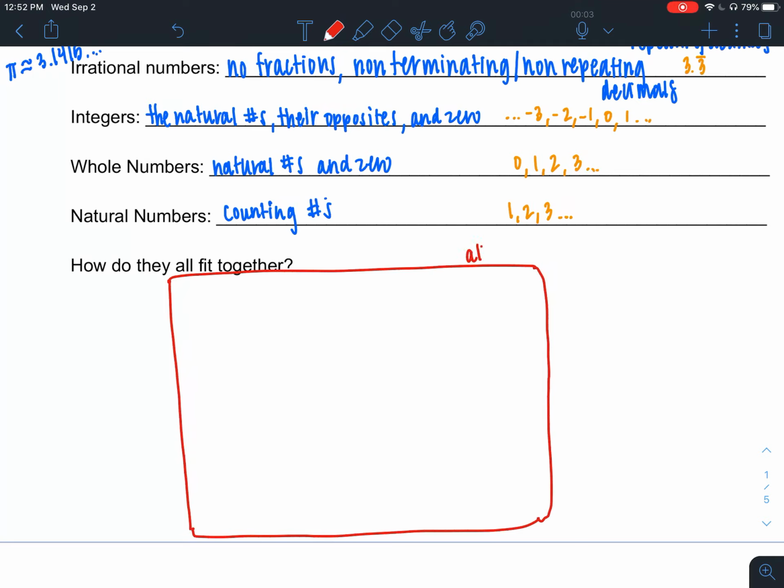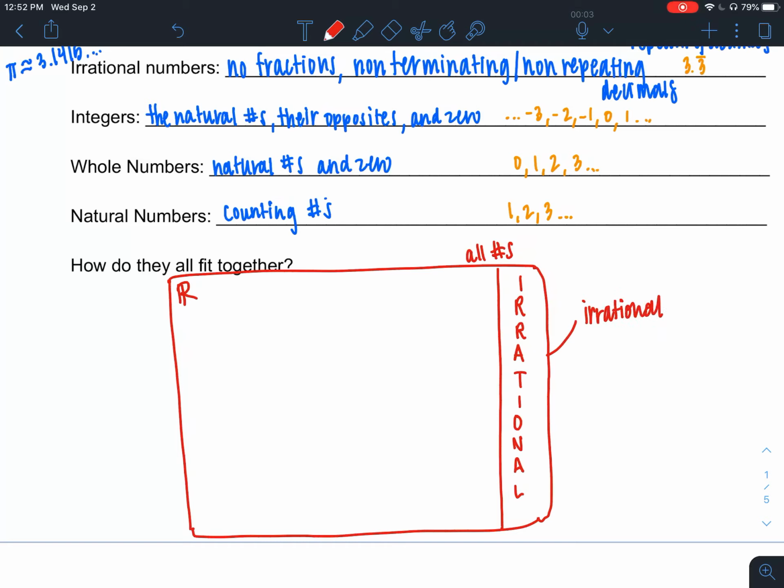This is all numbers. Okay, there are two types of numbers. We have our real numbers and our irrational numbers. For those of you that had a hard time reading that, it's this.